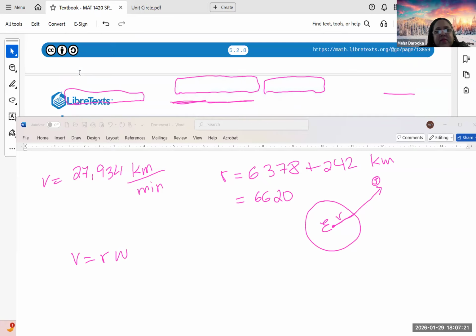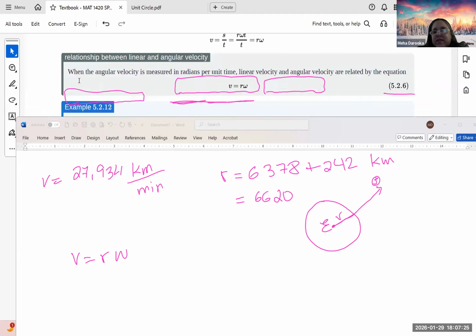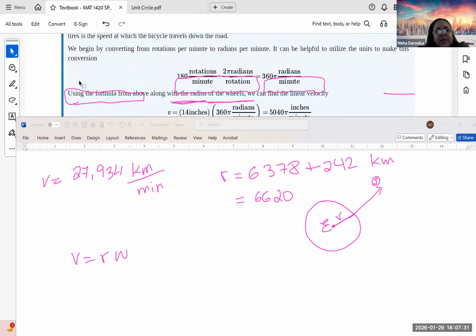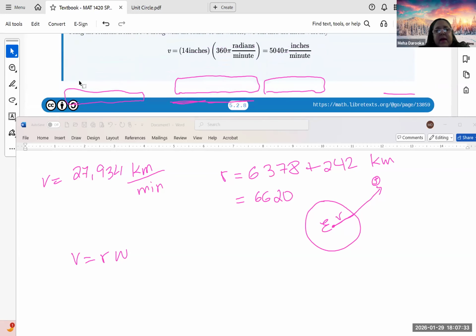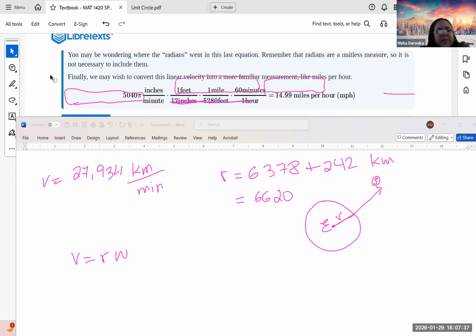Let me see if I can scroll back to where we saw that. So right here, you can see V equals R times omega. So obviously that's the formula you are using here. And so what do you think that angular velocity will come out to be?